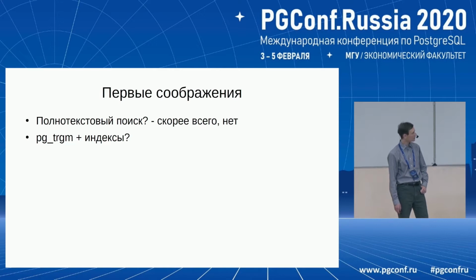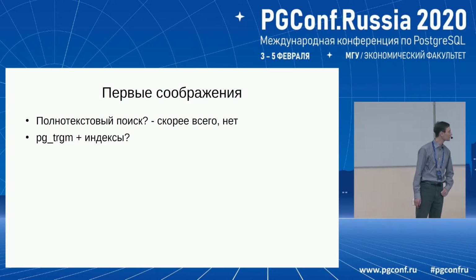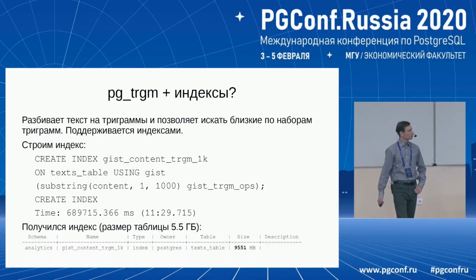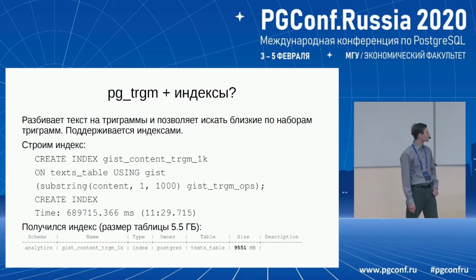Then our developers decided to go to Stack Overflow. They found pg_trgm with indexes. This extension is great. They took it and started to test it, and everything went well. They created an index.